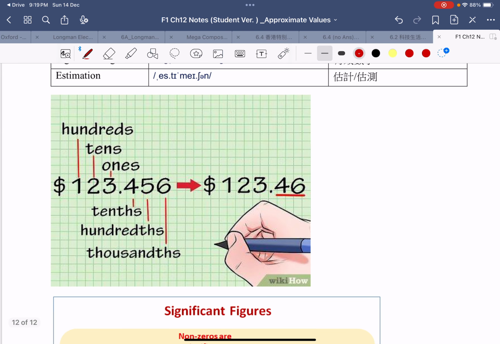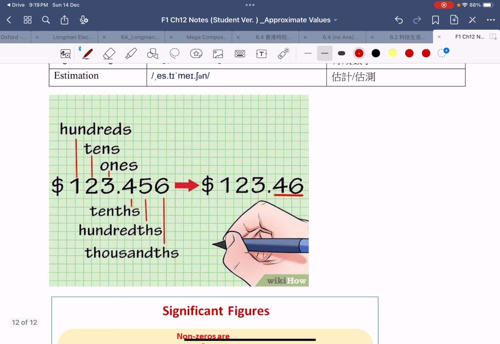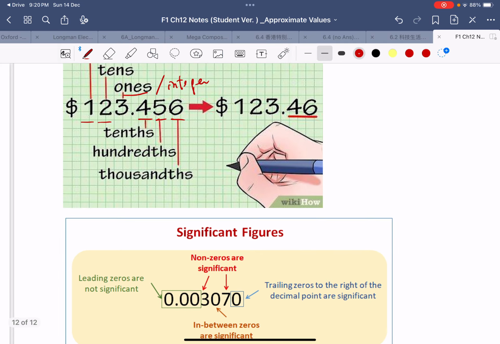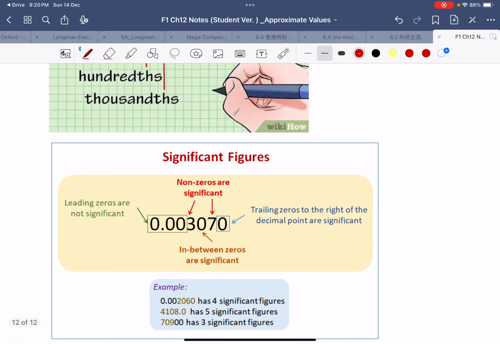So we sum up the place values here. This is called the ones or integer. This is 10, this is 100, this is tenth, or 1 dp. This is 2 dp, 3 dp, and then significant figures.